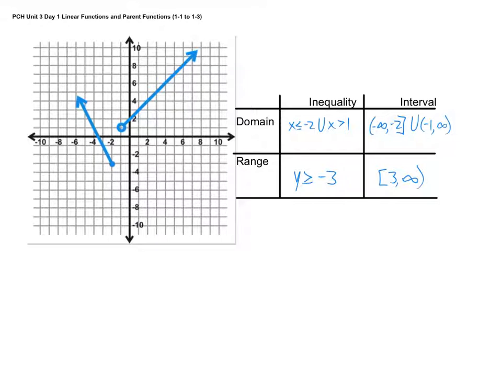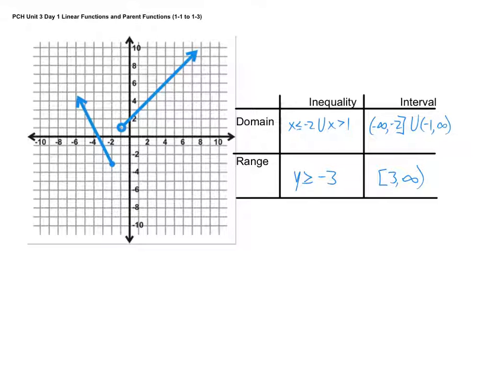Where y starts and where it ends, right? The lowest y ever gets is negative 3, and does it ever end?